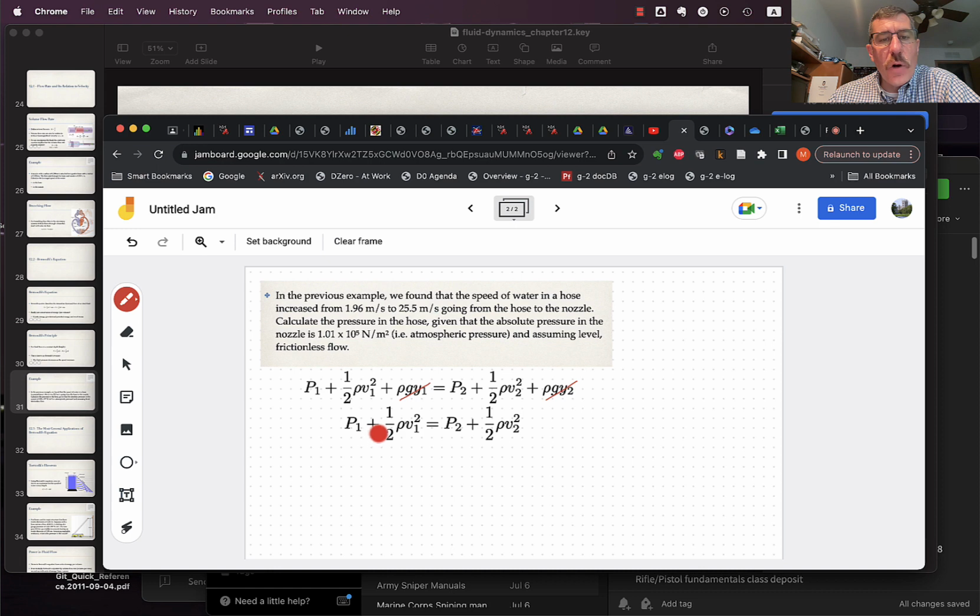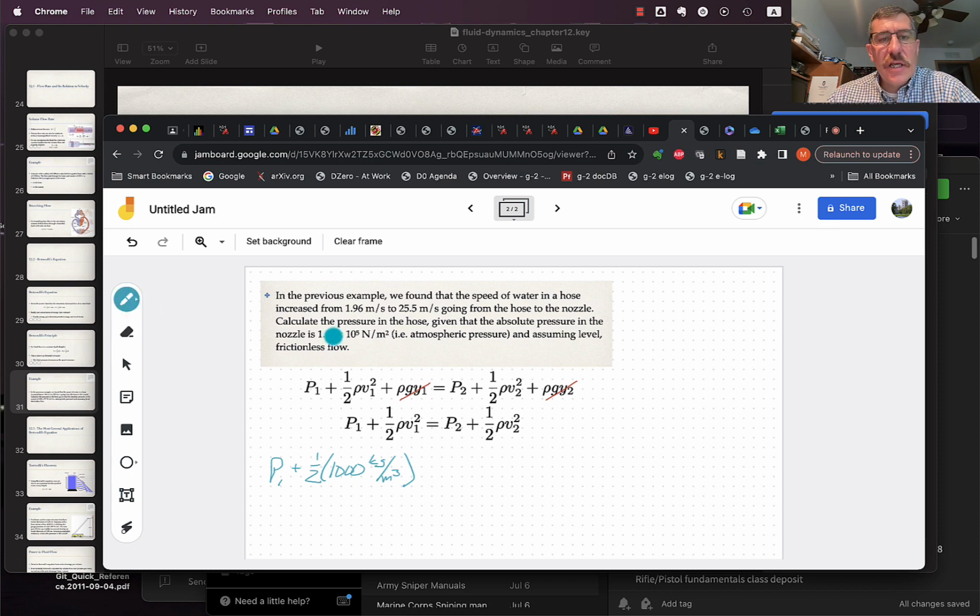Let's say the ones correspond to the hose, and the twos correspond to the nozzle. So we're looking for the pressure in the hose. Pressure 1 is going to be 1/2 times density. If this is water, density is 1,000 kilograms per cubic meter, times the speed in the hose squared.